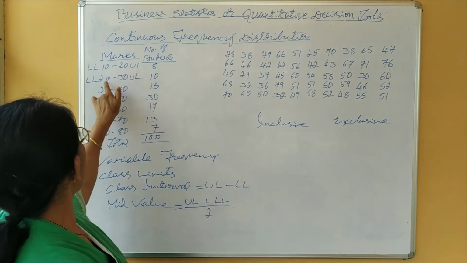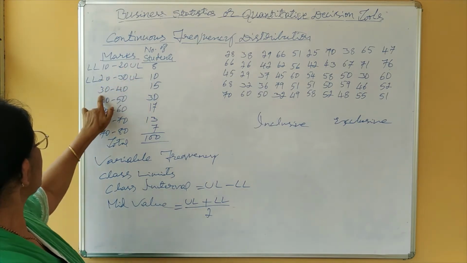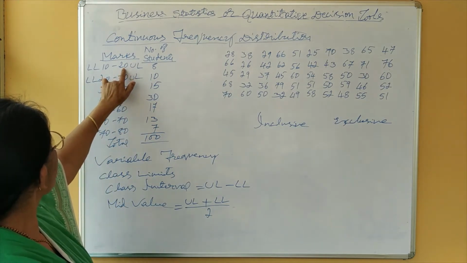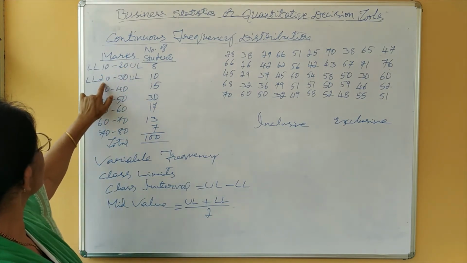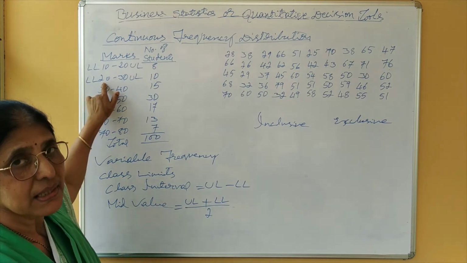Now, you may observe here 10 to 20, 20 to 30, 30 to 40, like that. Here upper limit of previous class is equal to the lower limit of the immediate next class, isn't it?